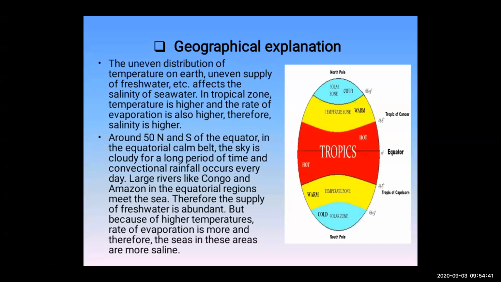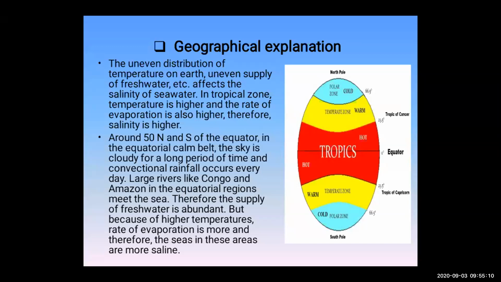As we have studied about convectional rainfall in precipitation, whenever there is the equatorial region, every day there is rainfall. But which rainfall? It is convectional rainfall. We have studied this in detail in the precipitation lesson.